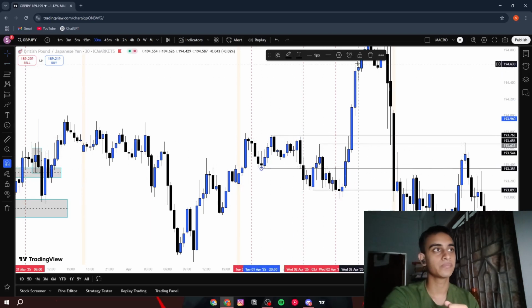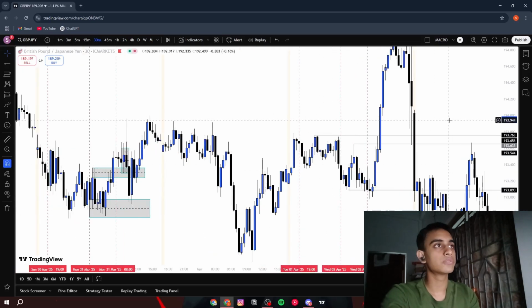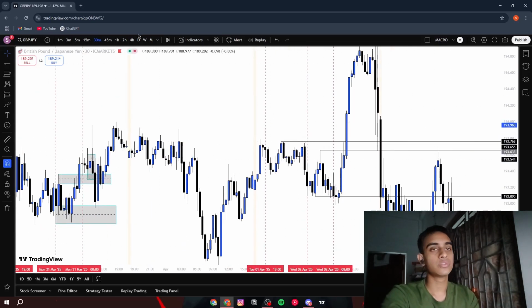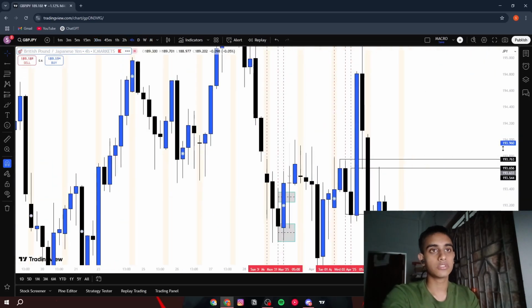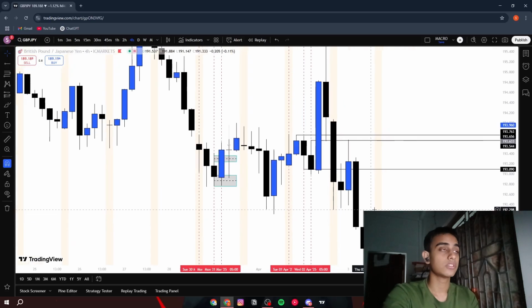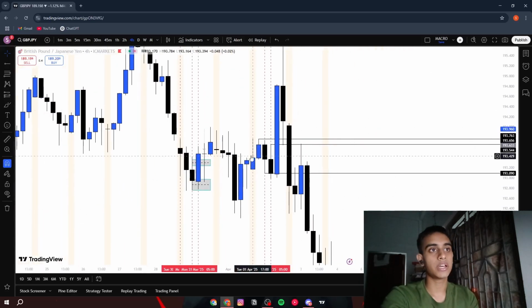After marking out all of this, we just go into 4 hour and mark out the draws on liquidity. So the highs and lows. This is the high, already marked out that, and this is the low right here, but it is too far away, so we don't have to mark out that.